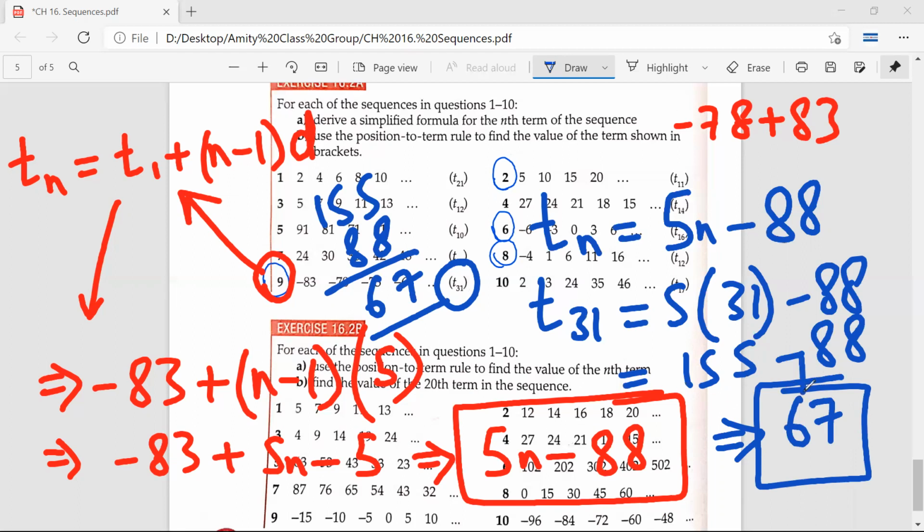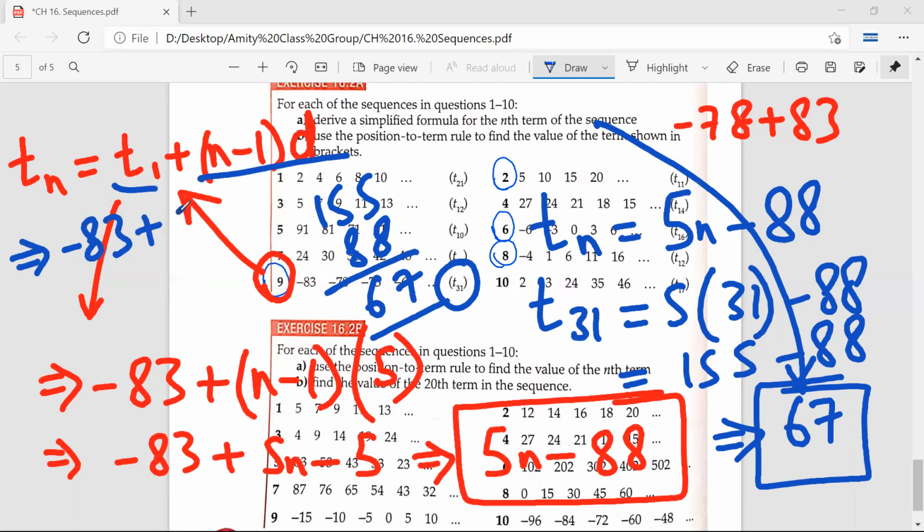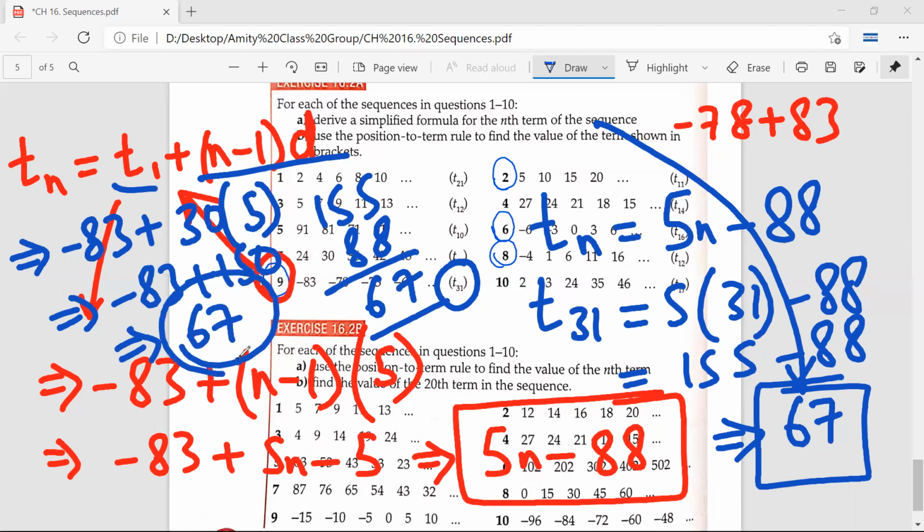You will find the same answer if you apply T1 plus this. Here T1 would be minus 83 plus 30 into 5. This will be minus 83 plus 150. Again, it will be equal to 67. Are we clear or not? Aishwarya ji, are we clear? Yeah, I got it.